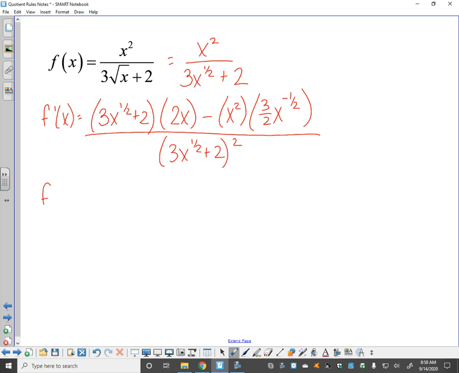Okay, now I'm going to clean. Good notation. Let's distribute here. When you multiply, you add your powers. So that's 2 over 2 plus 1 over 2 would be 3 over 2. Okay, minus, when I multiply, I add my powers. So 4 over 2 plus a negative 1/2, 3 over 2.